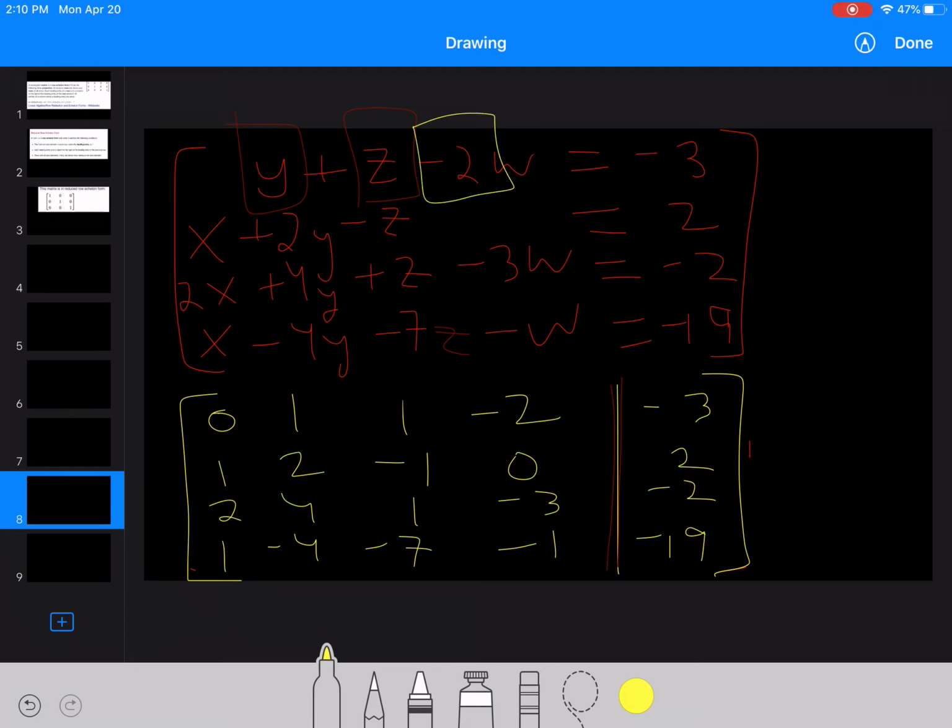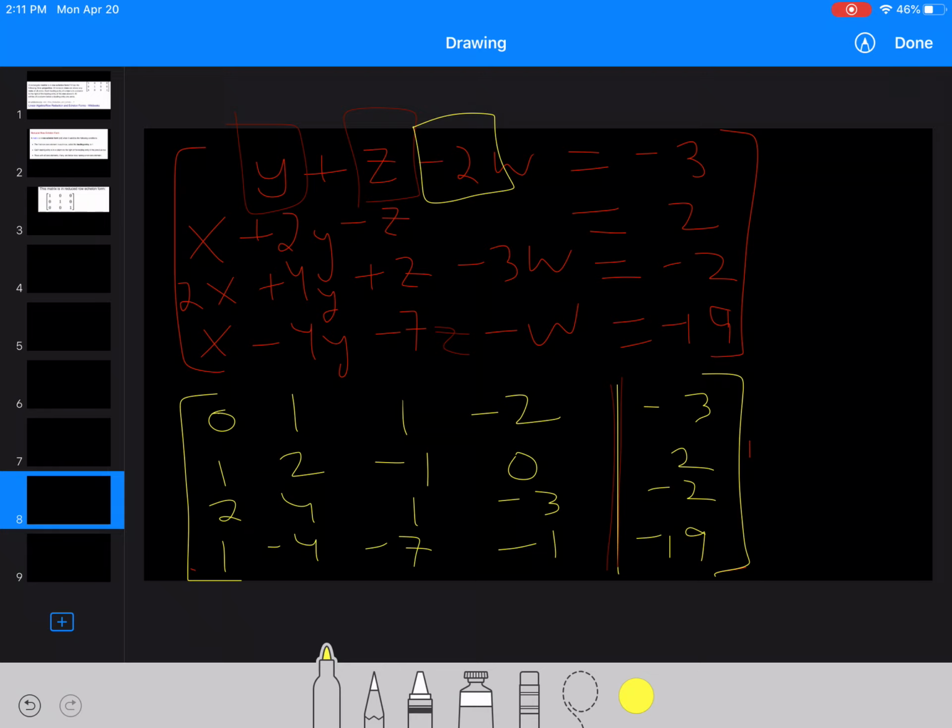Okay. So I just did the same thing for all the rows there. If you notice, the 0 in the second row of the yellow matrix is 0 because there's no w term in the second row of the top red matrix. So that's how that transformed.